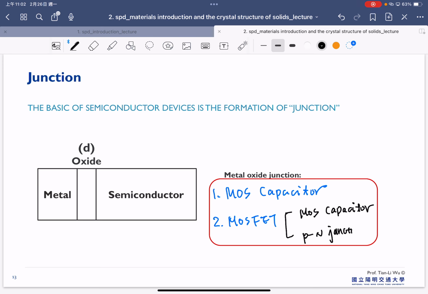So if we understand the MOS capacitor and the PN junction, then later when we talk about the MOSFET, that should be no problem for you, because the electron transport is mainly dominated and influenced by these two.